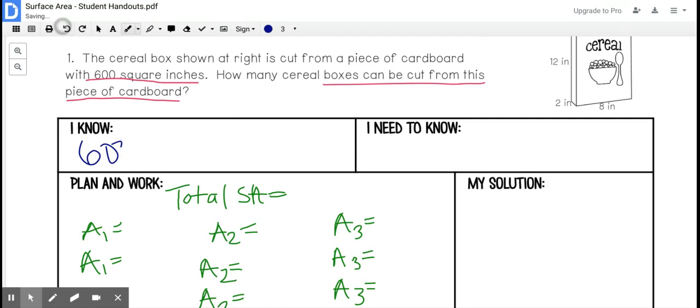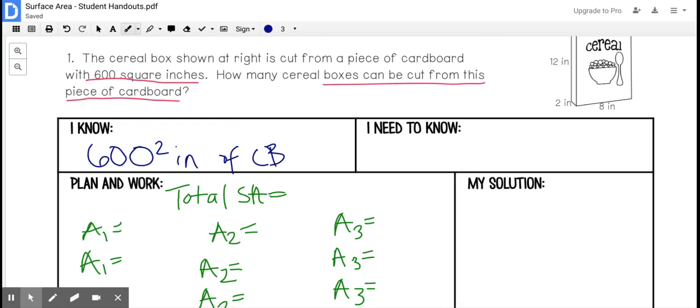I'm not sure why it's not working right now, so give me just a second. It's just being slow. 600 square inches of cardboard, so CB for cardboard. Okay. So we know we have 600 square inches of cardboard.